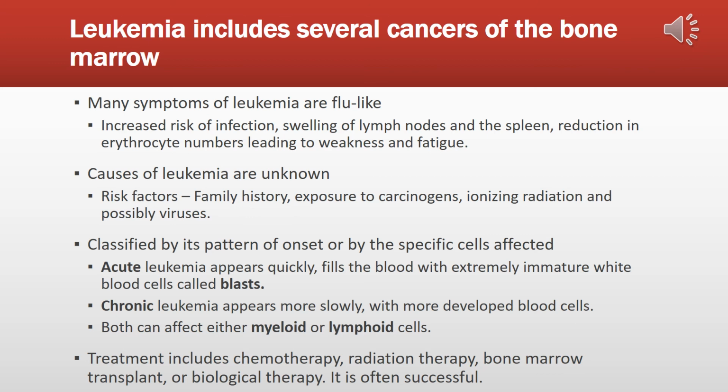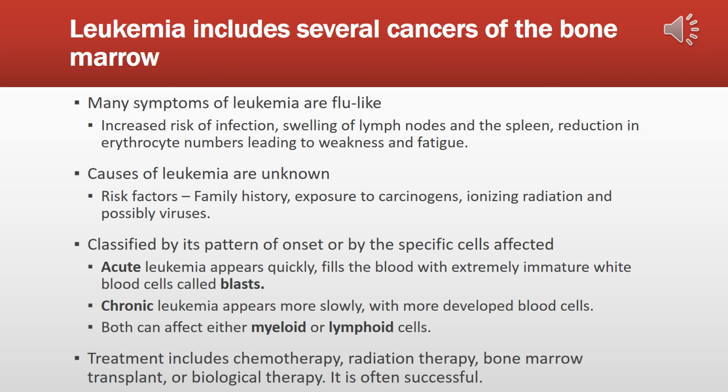In contrast, chronic leukemia occurs more slowly with more developed blood cells. However, seeing as this is leukemia and it's a cancer of the white blood cells, we still have the same sort of problem in both acute and chronic leukemia.